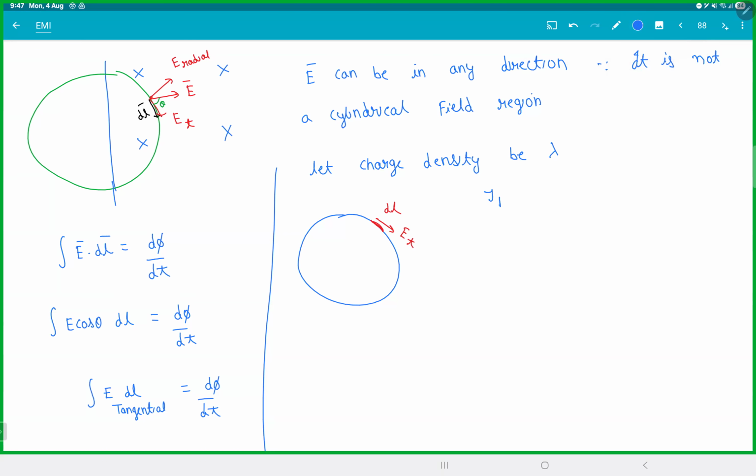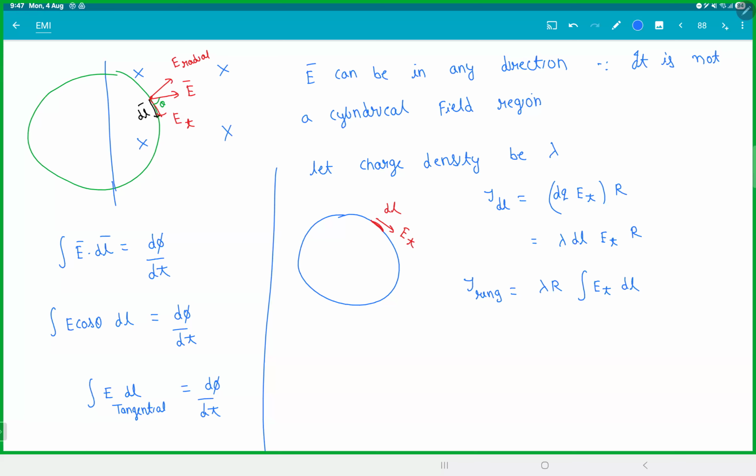So the torque on this small piece dL will be the force, which is dq into E tangential into radius. So this will be lambda dL E tangential radius. The total torque on the ring will be lambda r integral E tangential dL.